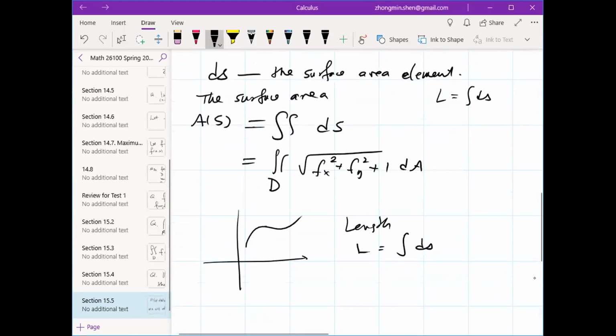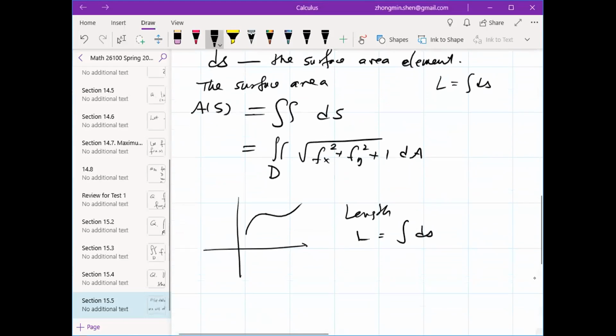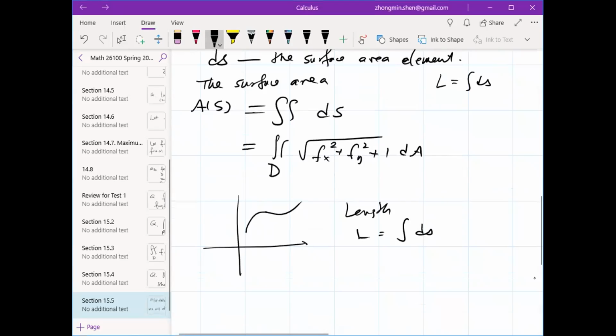What is s? s is the arc length of this curve. Now since this is a graph of a function, ds is going to be just the square root of 1 plus f prime of x squared, times dx.